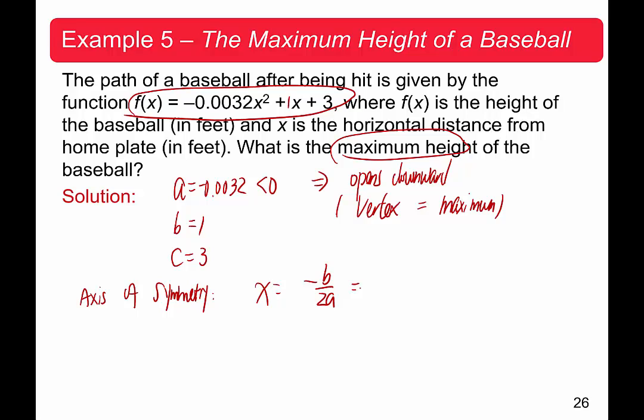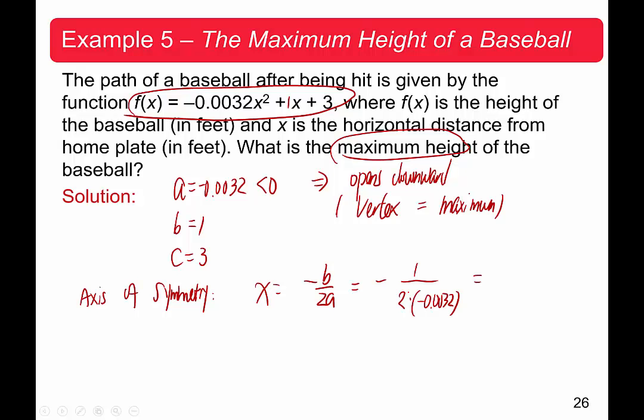So we have negative 1 over 2 times negative 0.0032, and let's use the calculator to do that. 1 over 2 times 0.0032. The result is positive, so it turned out to be 156.25. We know this must be in feet, if you look at the unit.